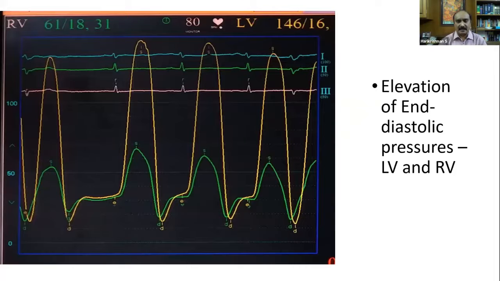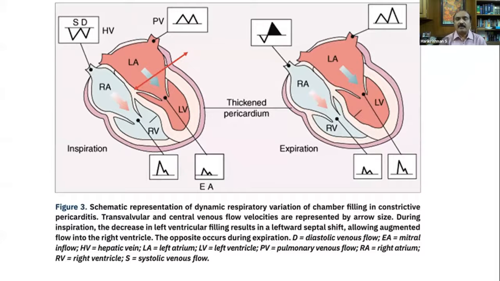So this is the tracing of the same patient, showing elevation of the end diastolic pressures of LV and RV. You can see that they are elevated and almost the same. Both have the dip and plateau pattern. Now we'll come to the exaggerated respiratory variation, or the ventricular interdependence.